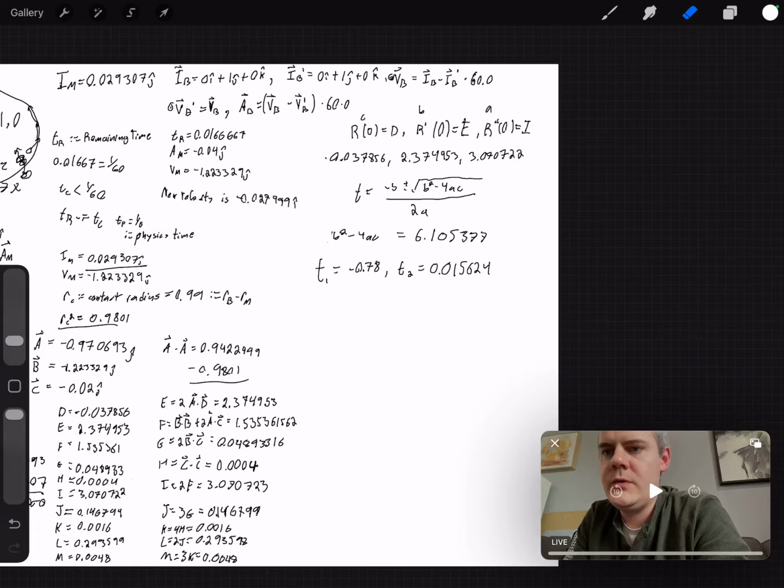Negative 2.373. Which one first? The smaller one, I guess. Minus square root. I'm going to set this form up first. How do I insert? Here.